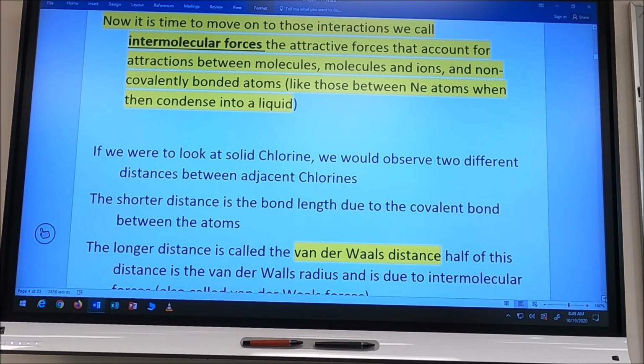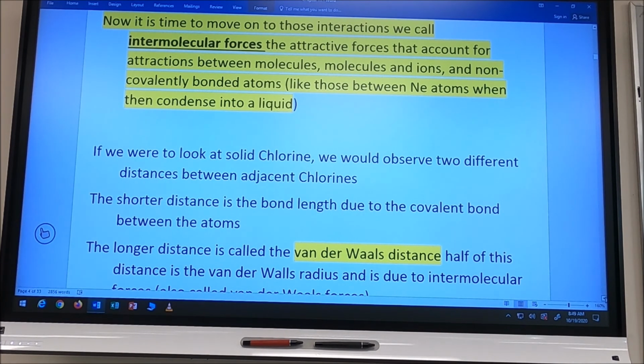If we were to look at solid chlorine, okay, chlorine is made up of a diatomic molecule, Cl2. We would observe two different distances between adjacent chlorines. The shorter distance is the bond length due to the covalent bond between the two chlorine atoms. The longer distance is called a van der Waals distance.